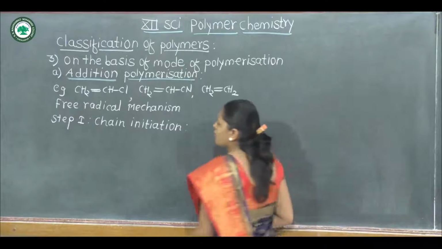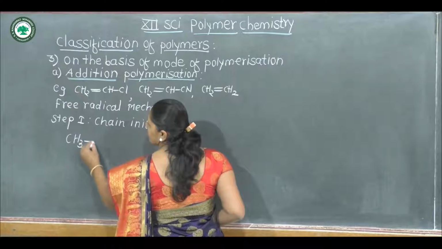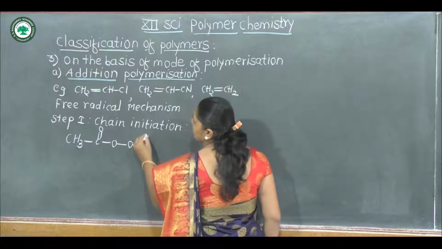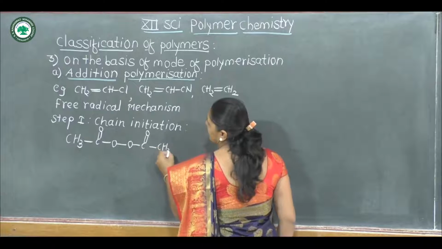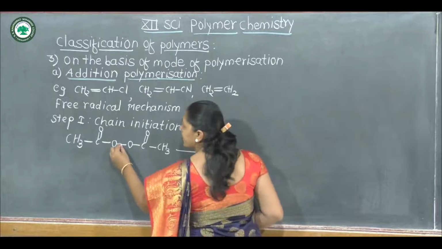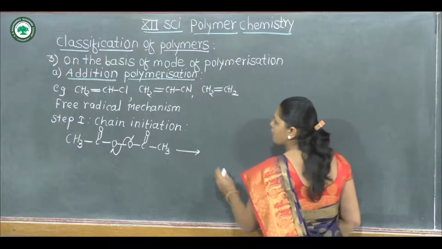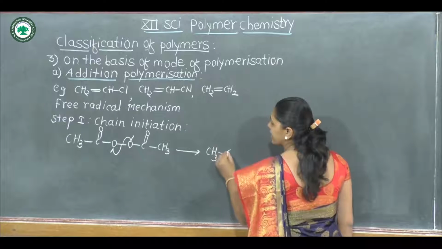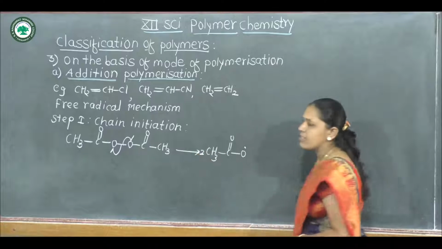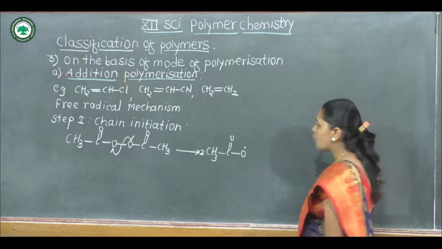See here, chain initiation by acetyl peroxide. Here the peroxide linkage, that is the oxygen-oxygen linkage, is broken to form two acetyl free radicals.